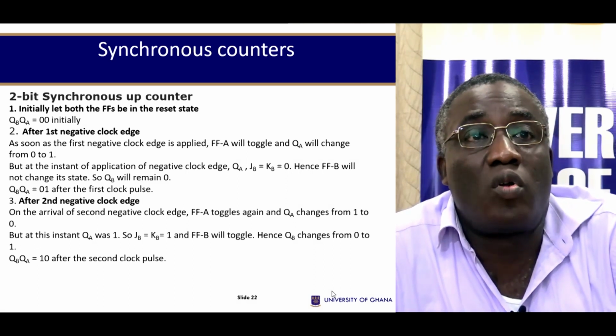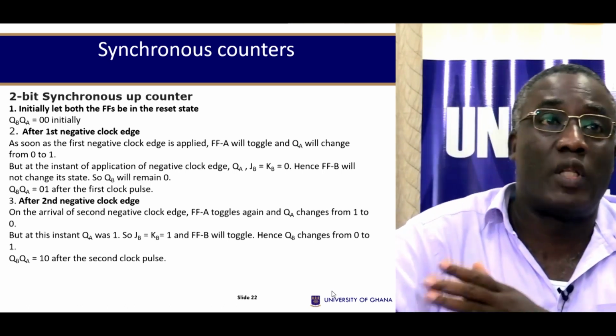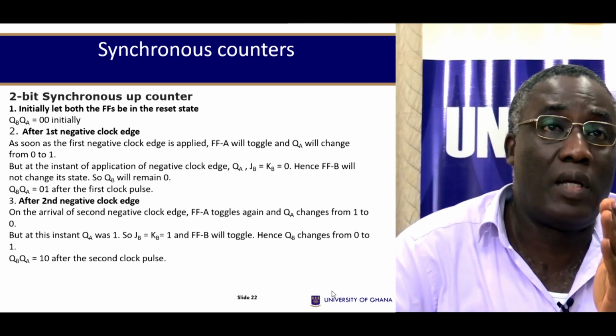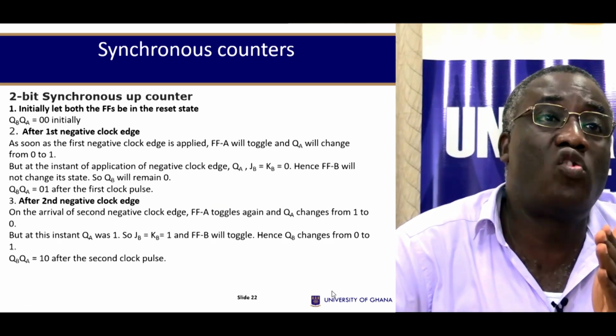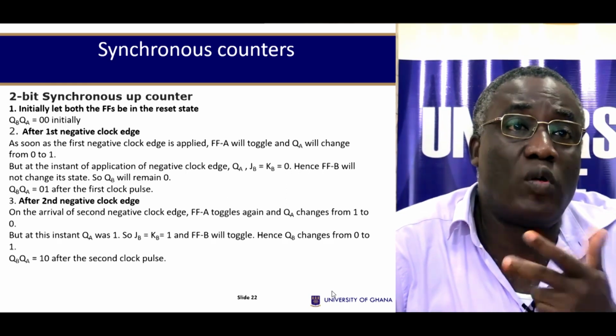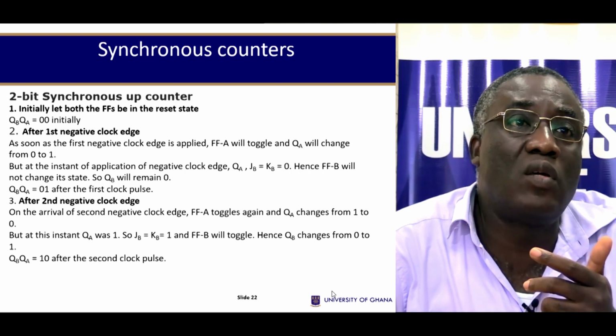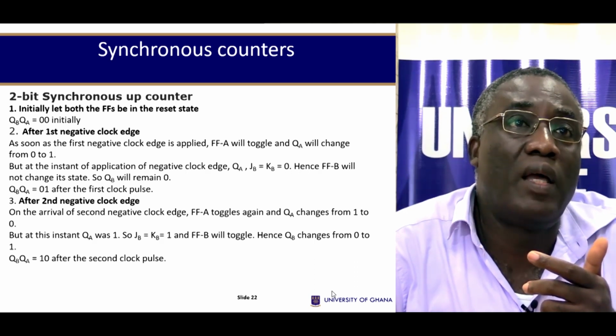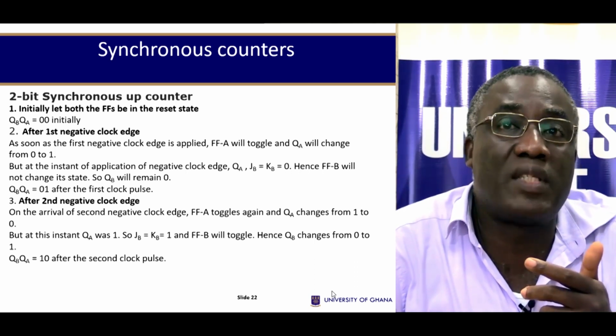After the second edge, QB will toggle to what? Both of them will toggle, with QB becoming 1 and QA changing to 0.